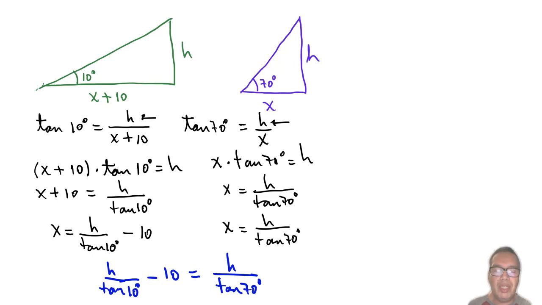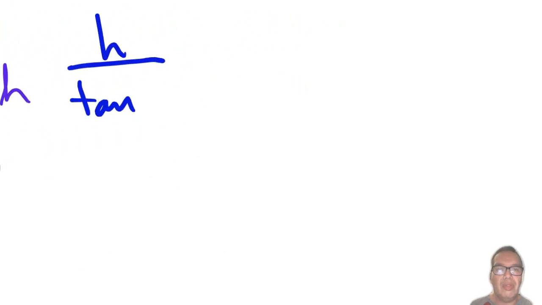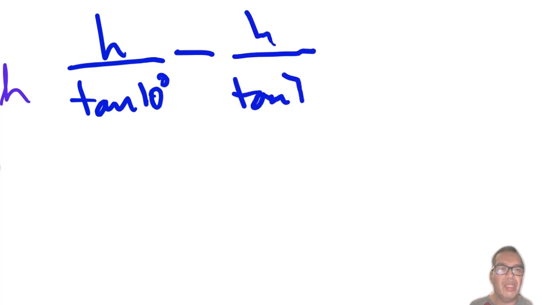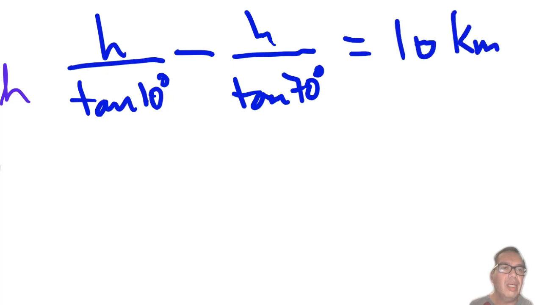Now you want to solve this for h, but you have h on the two sides of the equation, so you are going to have to move things around a little bit. h divided by the tangent of 10 degrees minus h divided by the tangent of 70 degrees is equal to 10 kilometers.